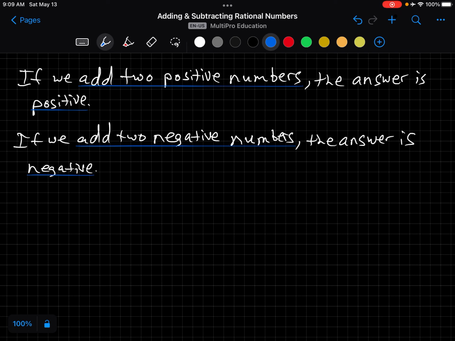Alright, so if we add 2 negative numbers, then we get a negative answer. So this is pretty easy. So if you add 2 positives, you get a positive answer. If you add 2 negatives, you get a negative answer.